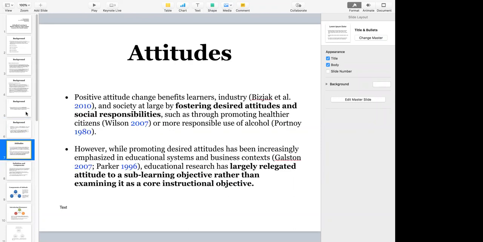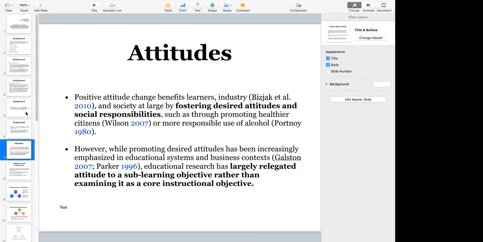Positive attitude change benefits learners, in industry and society, by fostering desired attitudes and social responsibilities, just like we do for our children every single day, such as promoting healthier citizens and responsible use of alcohol or tobacco, all these different things.